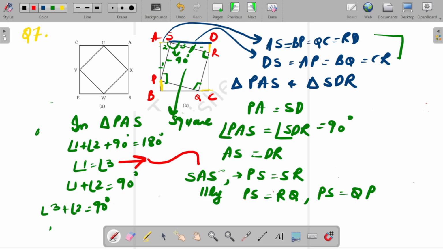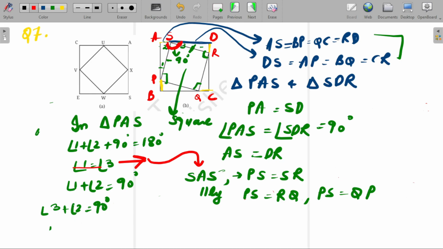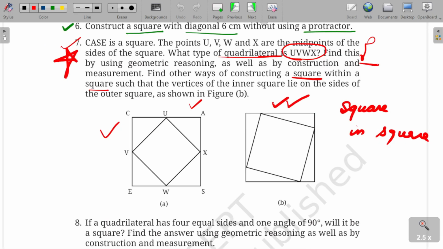The magic of congruency. I use this and get the link of 2 and 3, so as to find out this angle. Are you clear? So this way you need to use your brain and find the link to create the answer.